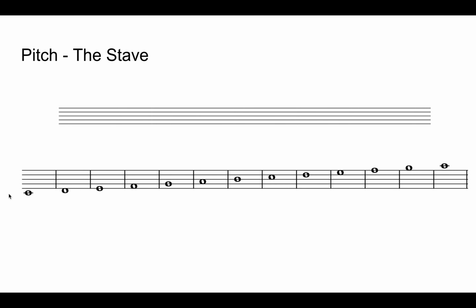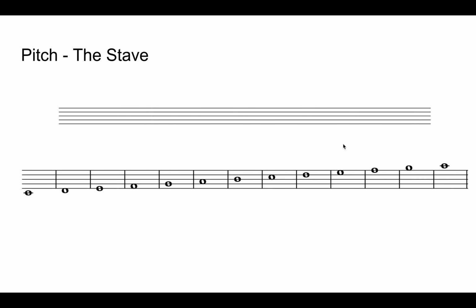Let's say that the bottom note here is an A. If that were an A, then this would have to be a B, that would have to be a C, that would have to be a D, that would have to be an E, that would have to be an F, the next one up would be a G, that would be an A, that would be a B, that would be a C, that would be a D, that would be an E, and that would be an F. Just because that's how a stave works. We count through in those lines and spaces through the 7 letters of the musical alphabet in order.